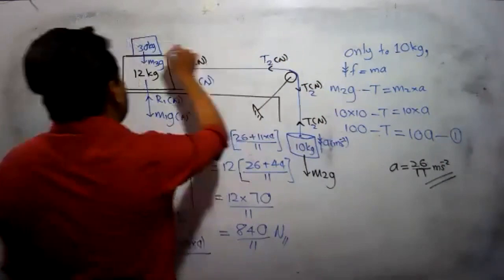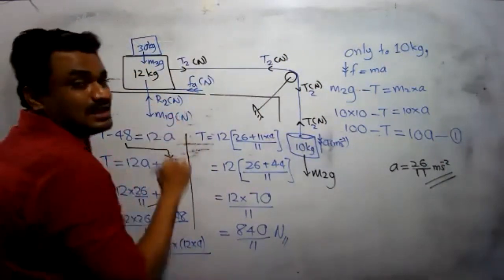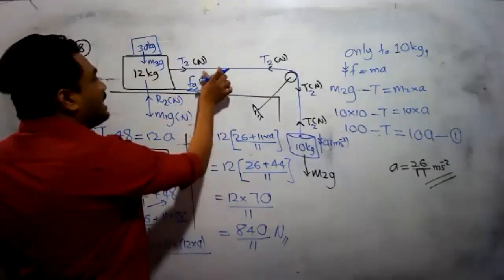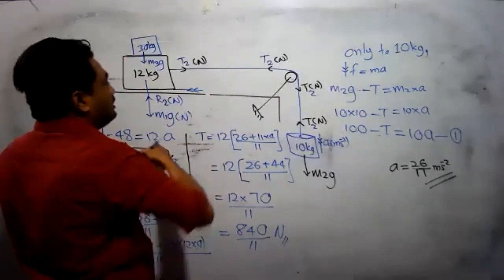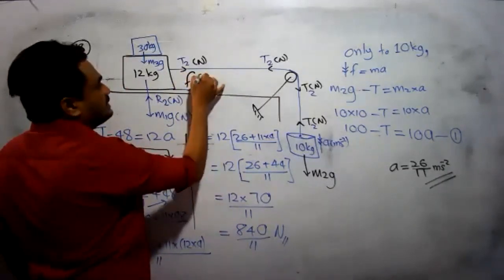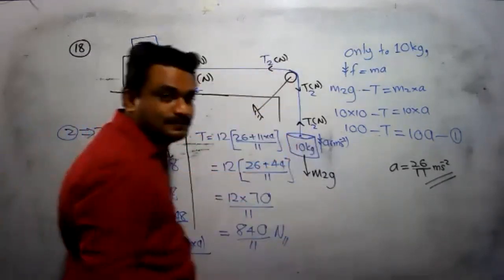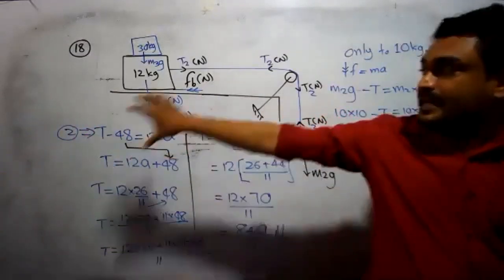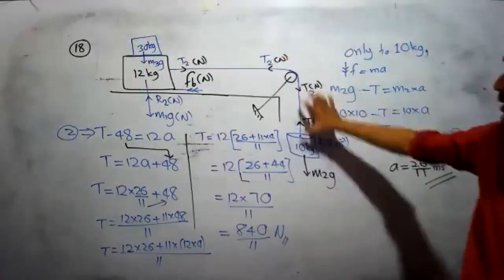All the other things remain unchanged. Sorry, R will be changed as R2. Earlier it was R1, now it is R2. And the friction force will definitely be changed. Please mark the new friction force as F2 Newton. Draw this figure again, by keeping this 30 kilogram mass, please draw this figure quickly.